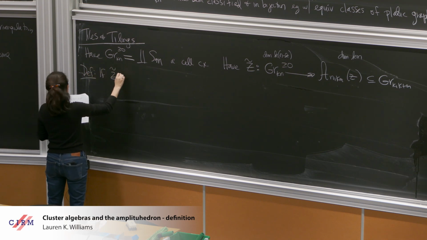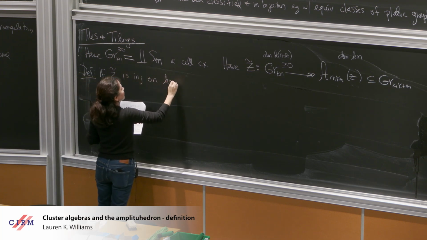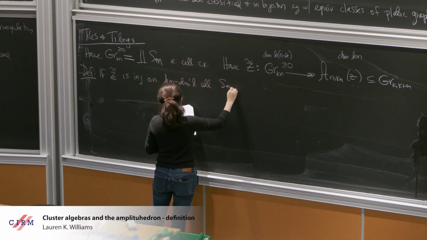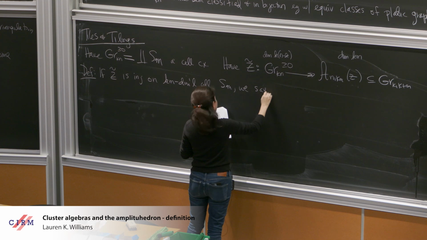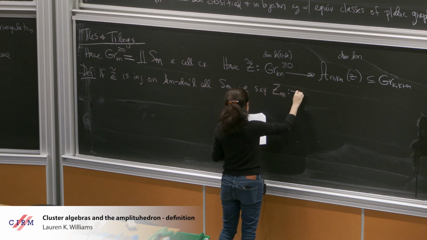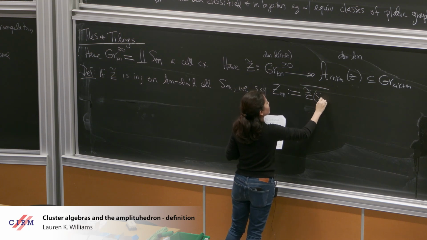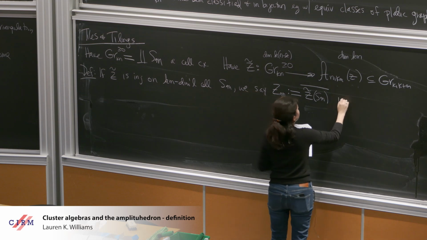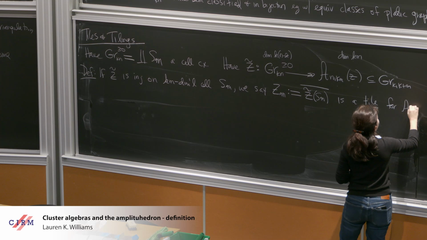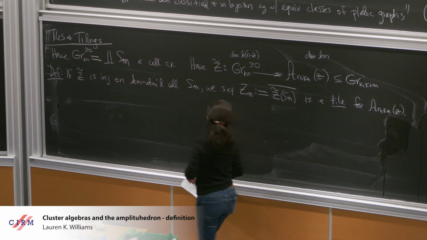If Z tilde is injective on a km dimensional cell, S_m, then we'll say that Z_m, which I'm defining to be the closure of the image of that cell, is a tile for the amplituhedron.